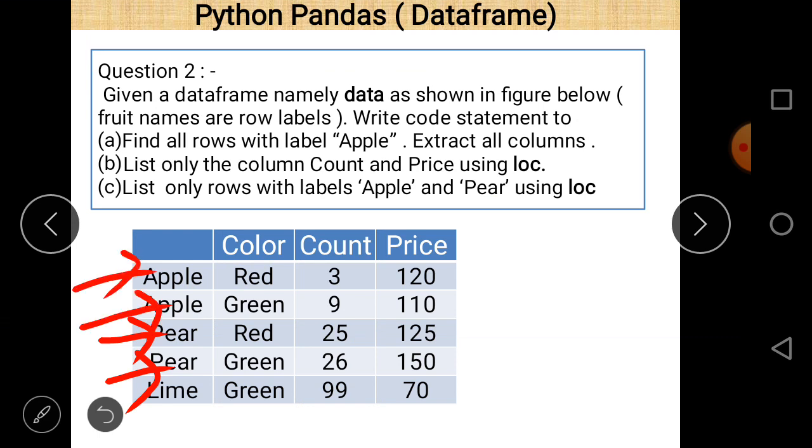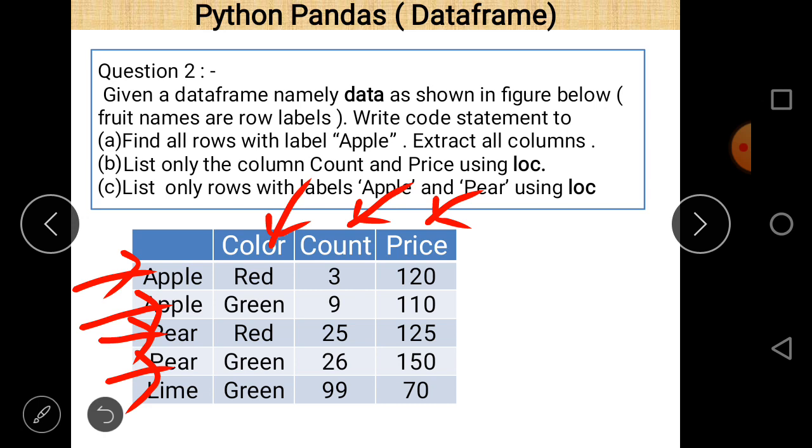So actually four rows will be selected. List only rows with labels apple and pear using LOC, and no column is mentioned here, that's why all columns will be selected. So it means that color, count and price will be selected.